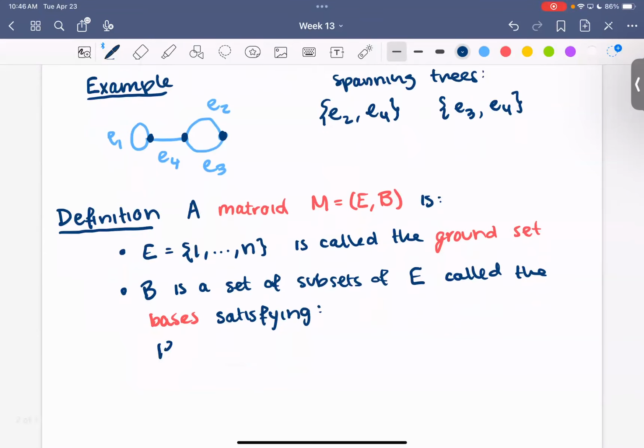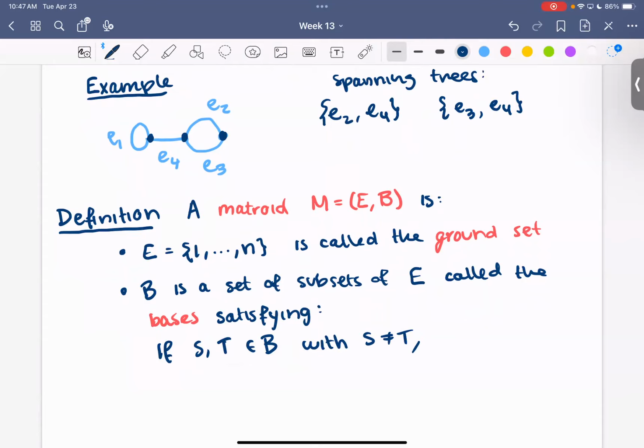So if S and T are bases and S is not equal to T, then what I'm looking for is something I can remove from S and something in T that I could add to S so that I still get a basis.